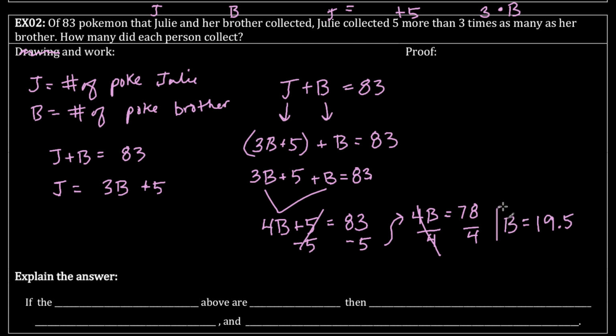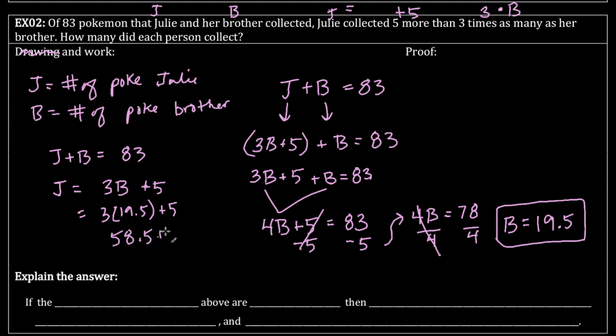You can't have half a Pokemon. But I wanted to show you an example with a decimal, just so you know you can get some decimal values. Let's go ahead and figure out how many Pokemon Julie has. 3 times 19.5: 3 times 20 is 60, minus 3 is 57, and then add half of 3, so 58 and a half.